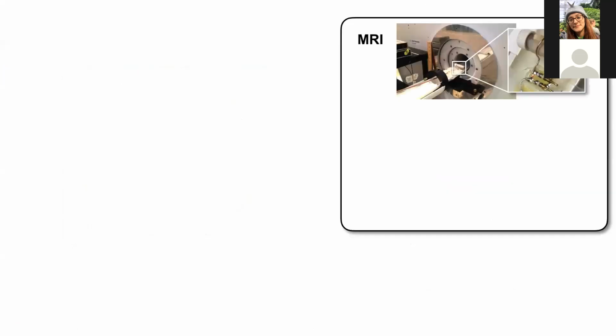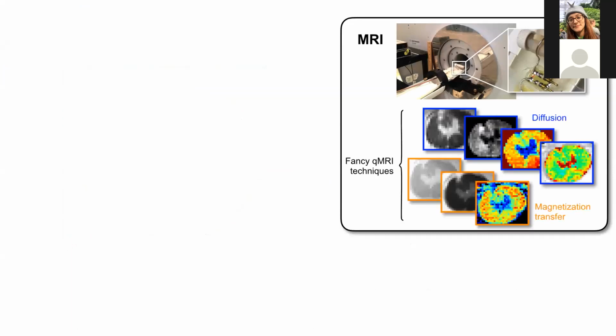So how does that work practically? I'm going to show you an example of a workflow that we implemented in the lab. First you take some tissue, like a brain, for example, an ex vivo brain. You put it into the MRI. You acquire your fancy MRI techniques.